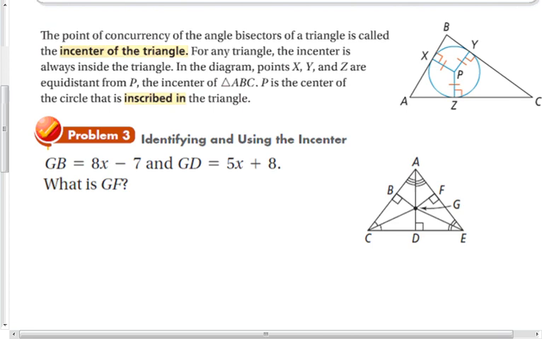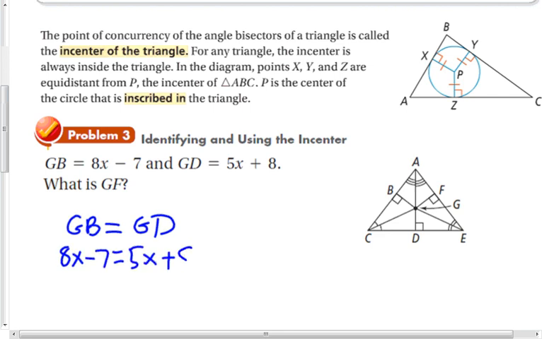So we know from the angle bisector theorem that GB is equal to GD. And so 8x minus 7 is equal to 5x plus 8 by substituting. And so 3x is equal to 15, and we get that by using some properties of equality. And so x is equal to 5.